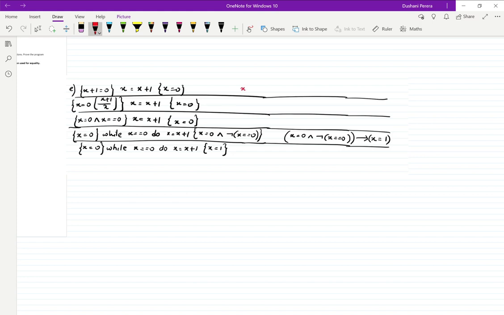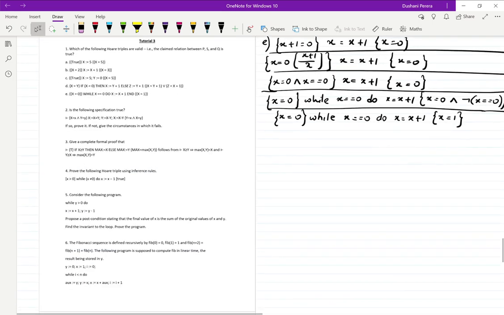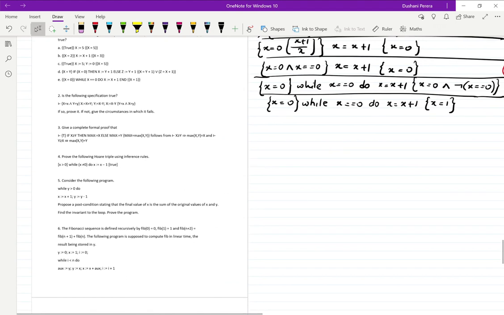We have x equals 0 and x equals 0. x plus 1 equals 0. We can say that part E is also valid.